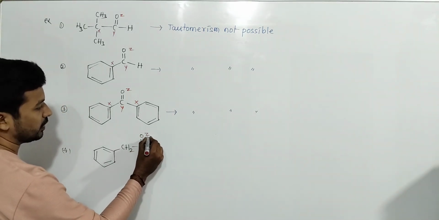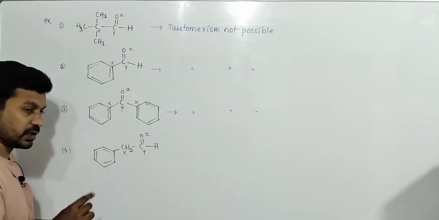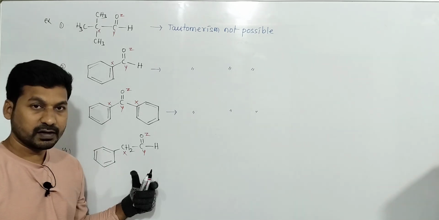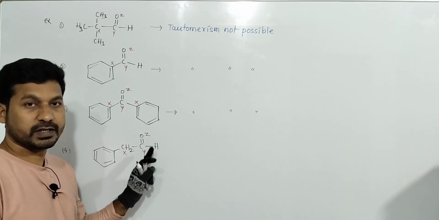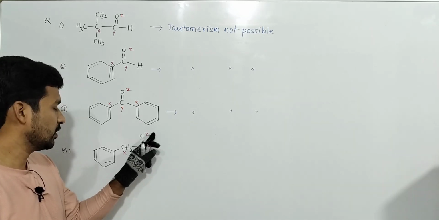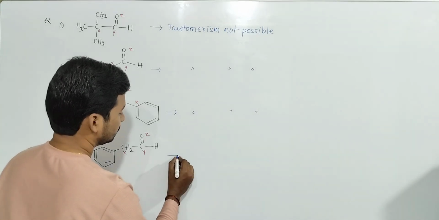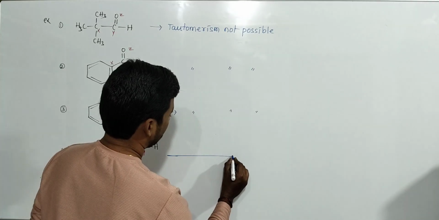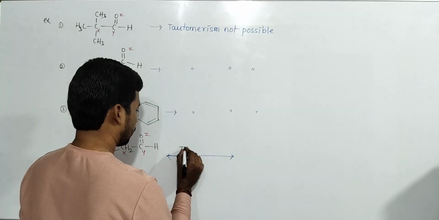See, Z atom okay, Y atom okay. For the X atom, hydrogens are present. Yes, possible. The X atom contains hydrogen atoms. Between Y and Z, a double bond is there. At the Z atom, oxygen is possible. Here tautomerism is possible.